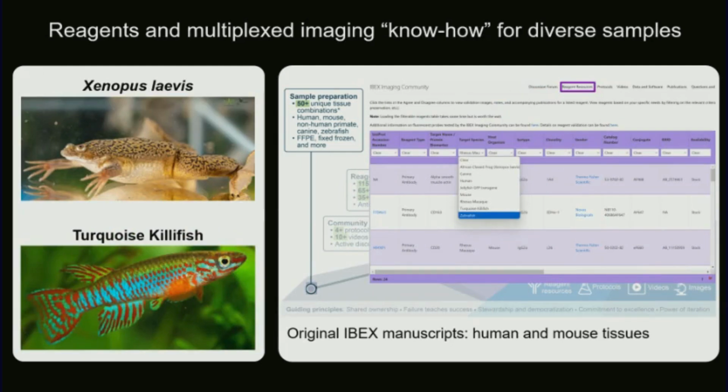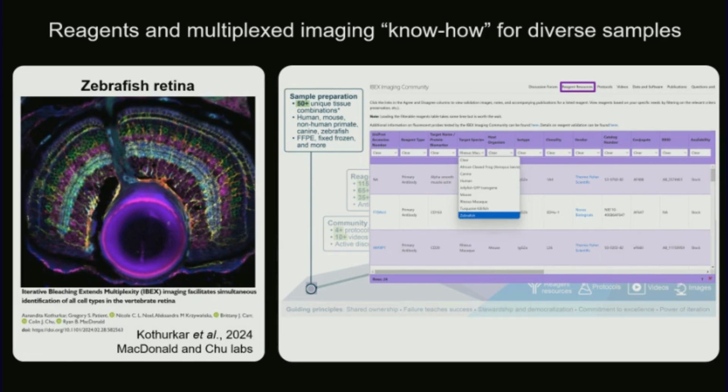And so far to date, in the original IBEX manuscripts, we just reported human and mouse tissues, but we're happy that it's expanded, that people are using IBEX and multiplex tissue imaging on these experimental animal model systems, which, importantly, don't have a lot of reagents. So that's exciting too. If someone can validate reagents for this new model for aging, it's very valuable. And same thing again with the zebrafish.